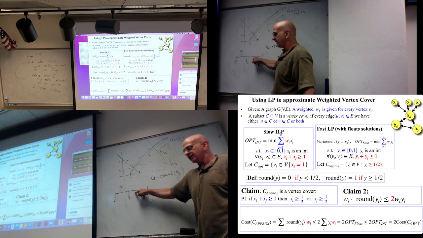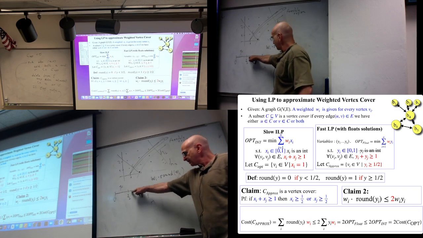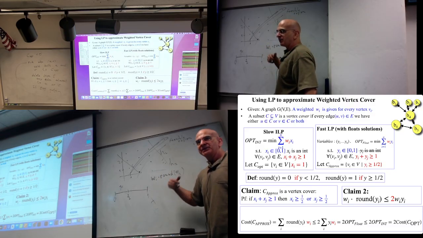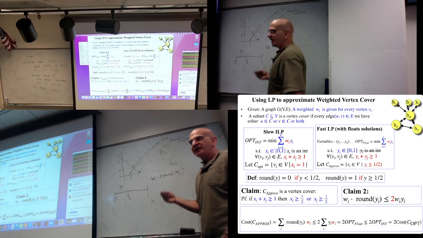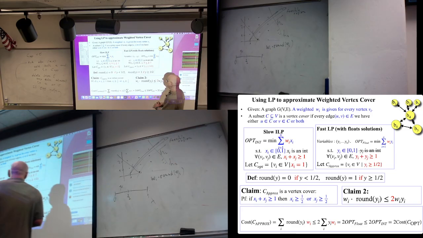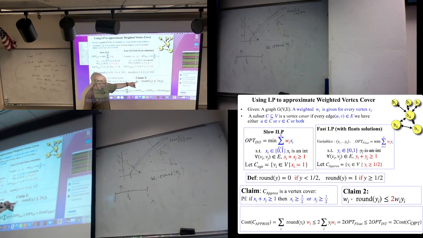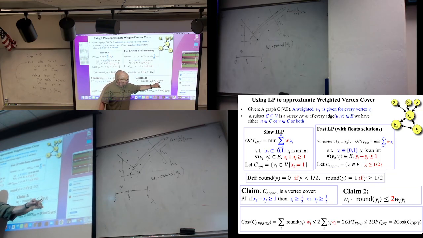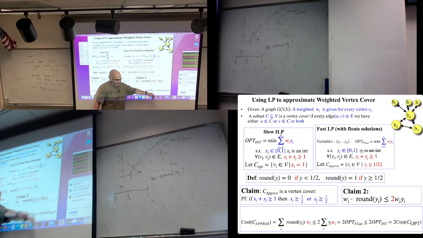Only if it's larger than half, I use it, meaning that by changing it from half to 1, I increased yi, but not more than doubling its value. So wi times round of yi is at most 2 times wi yi. Now at most doubled the weight.